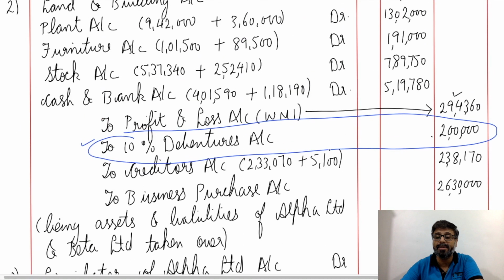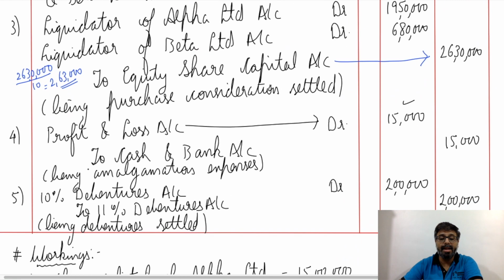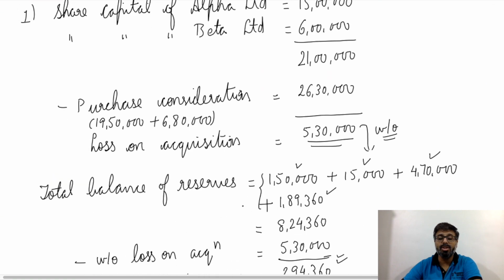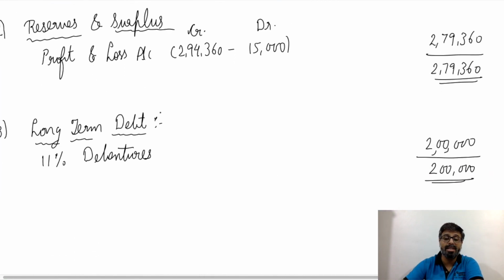You all can see here, this 10% debentures account, which is credited and debited, gets closed. So which liability will be there in the new company's books? 11% debentures of rupees 2 lakhs. That, either you can write it as long-term debt or as long-term borrowings.